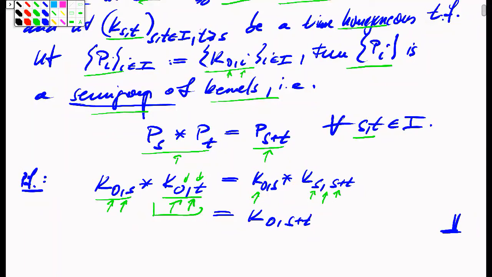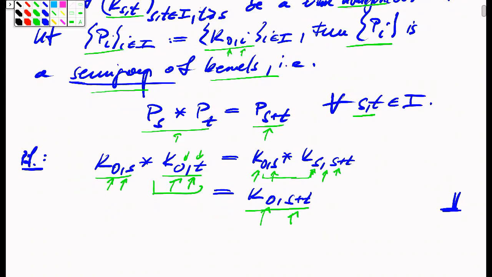Then I can use the fact that I was dealing with a transition function, which tells me that this consecutive convolution of two kernels, where the intermediate time point on both sides is the same, is just the same as if I had taken the kernel right away with the two time points which appear at the extremes of these three time points, namely in this case 0 and s plus t.